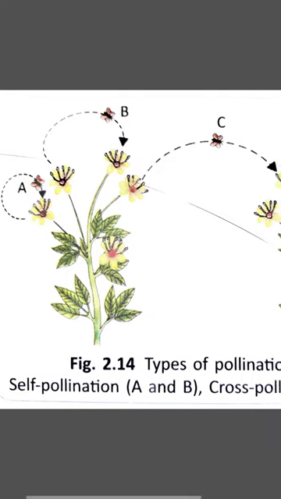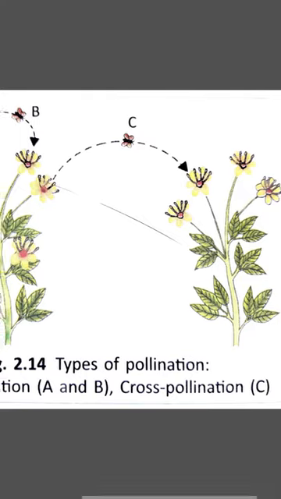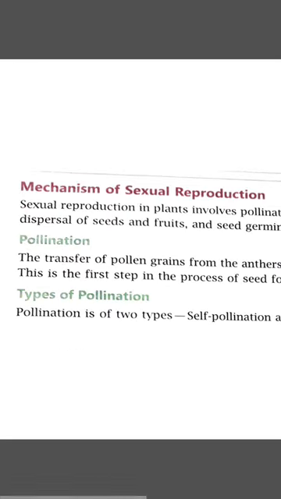And when it is the transfer of pollen grains from one flower to the stigma of another flower of the same species, that is known as cross pollination. These two things are there, self pollination and cross pollination. We have to understand what they are.